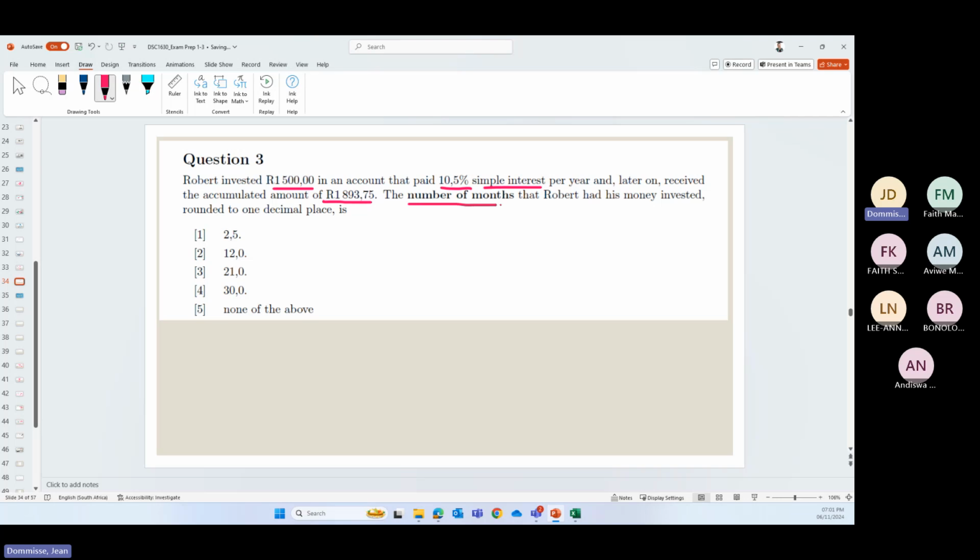What is the number of months that Robert had his money invested, rounded to 1 decimal place? Okay, so simple interest, we need to get to n in this one. So let's just write down the simple interest formula.